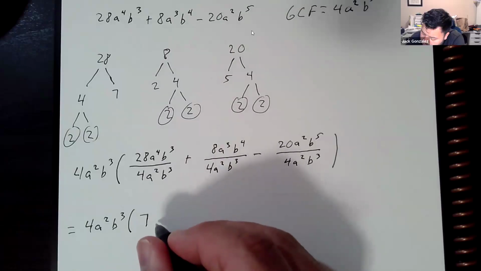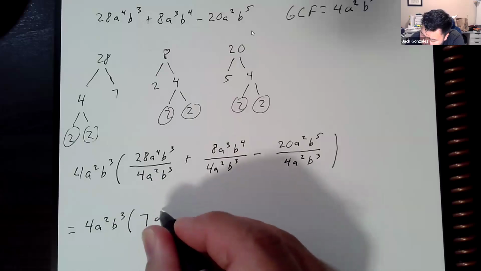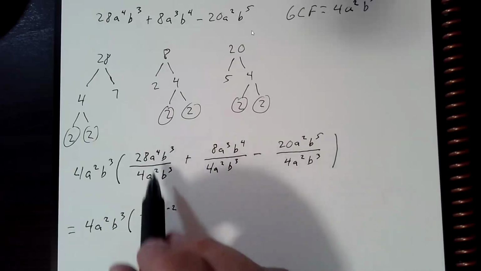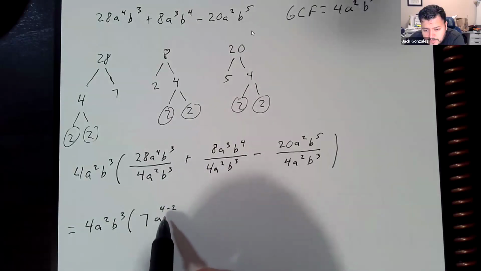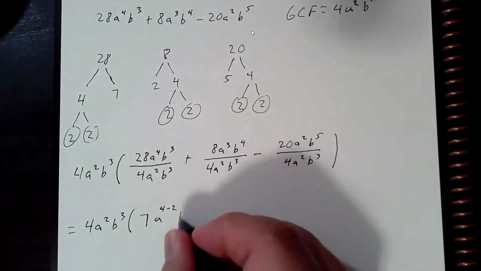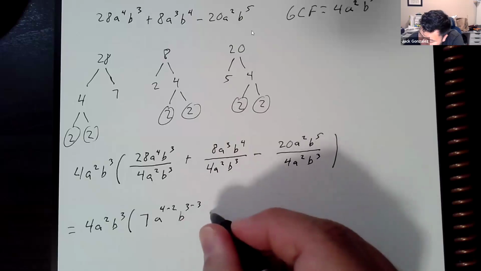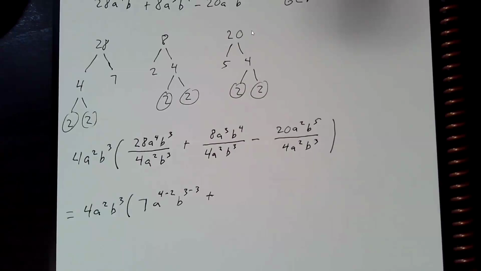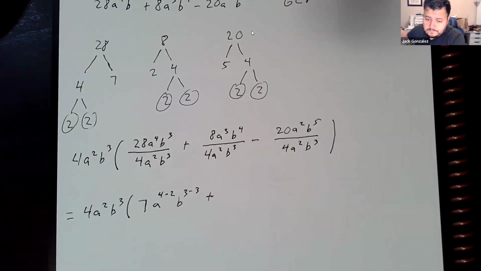Let me show an extra step just in case some of you don't understand. When you divide the same variable, you remember you subtract the exponents, right? These are the same, so this is technically 3 minus 3, so it'd be b to the 0, which is 1.